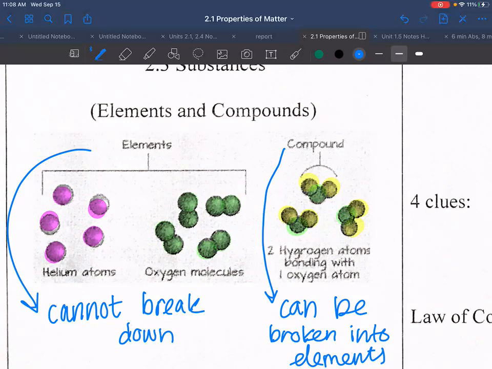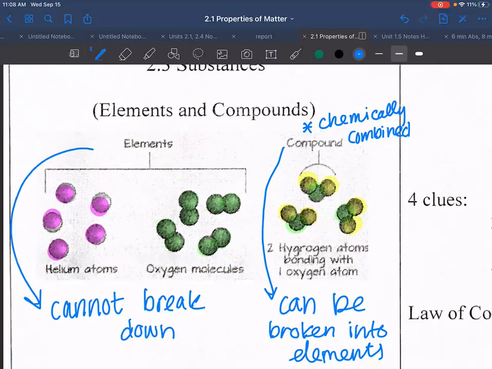So what I'm trying to get at here is how are they combined? How are the two things combined in a compound versus two things in a mixture? Exactly. So in order to be a compound, they have to be chemically combined versus mixtures are physically. So yes, they both contain two or more different things, but it's all about how they come together.